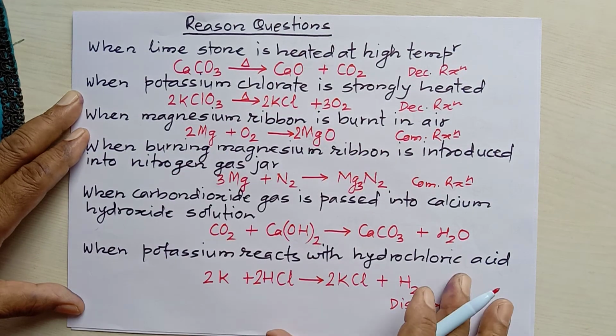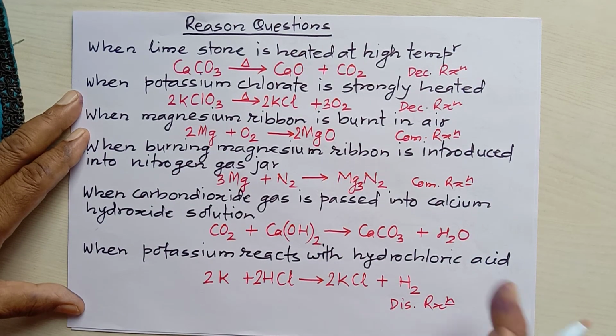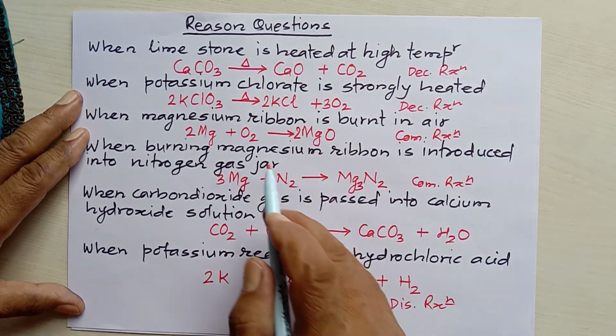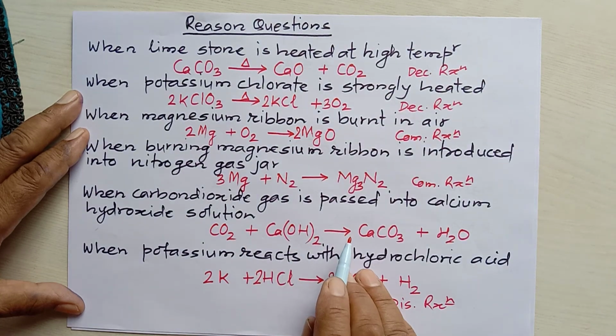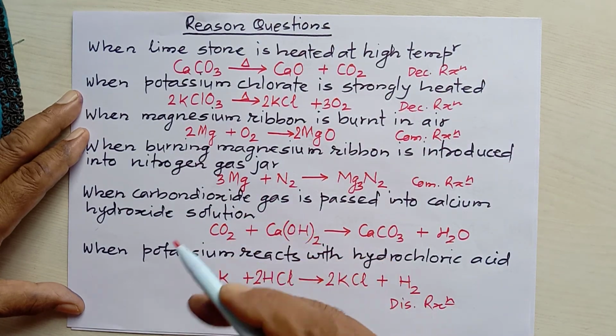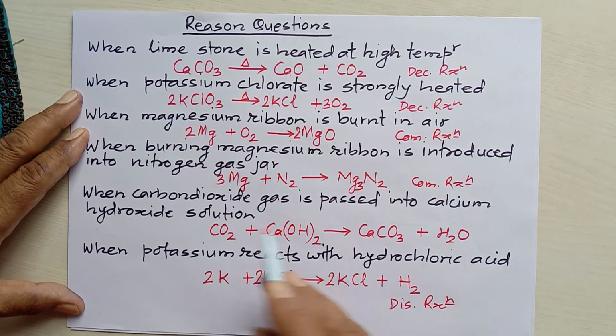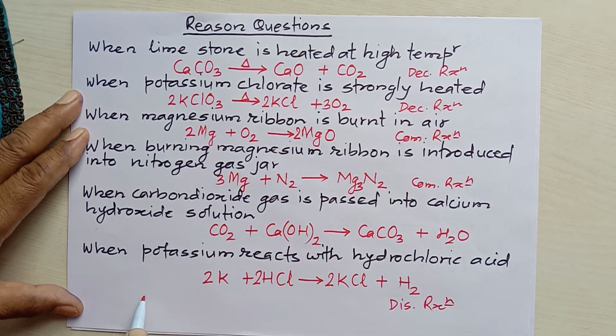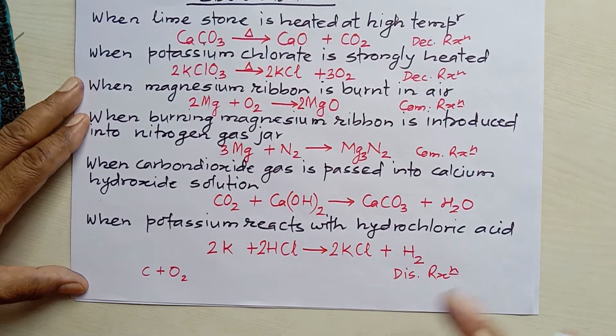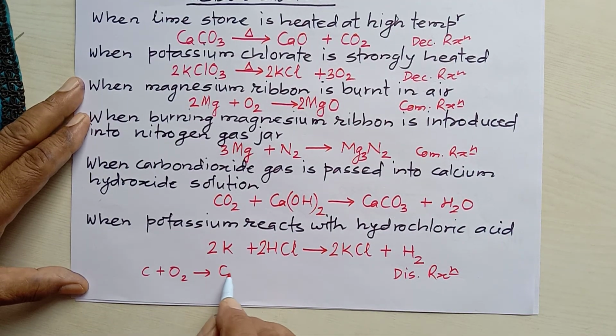Okay, this way there are many questions which come in words, just like what happens when carbon burns in air. When carbon burns in air, it combines with oxygen to form carbon dioxide. We can write that easily. In the same way, when sulfur burns in air, it reacts with oxygen to form sulfur dioxide.